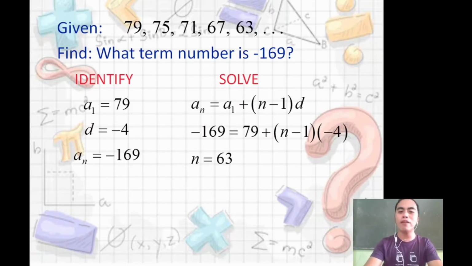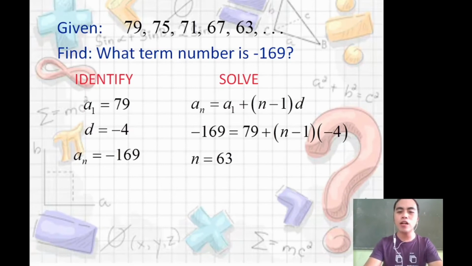So you have a sub n, which is negative 169. And your a sub 1, which is your first term, as 79. Plus the quantity of your n, which is the unknown, minus 1 times the common difference of negative 4.